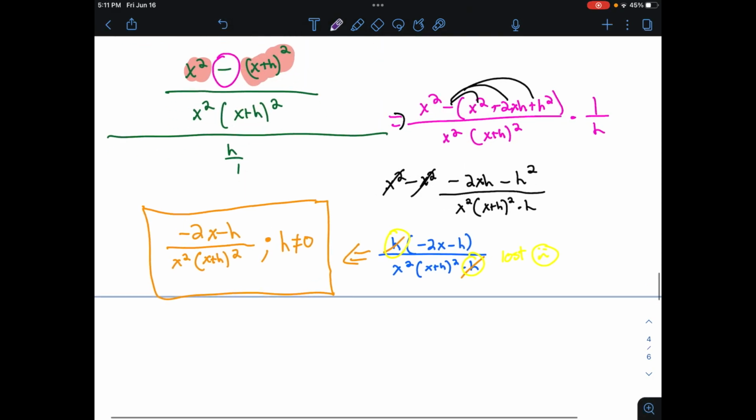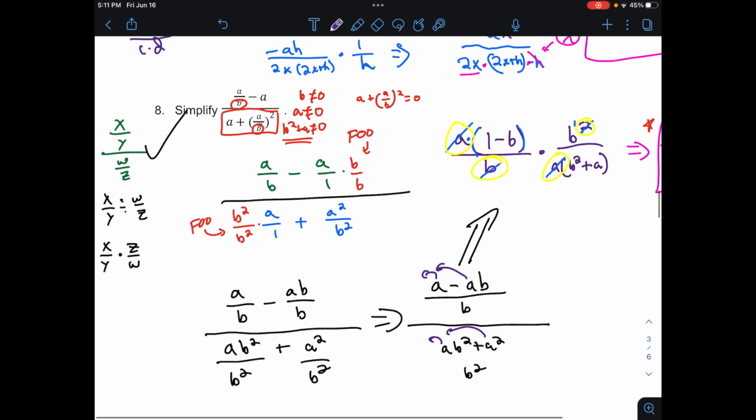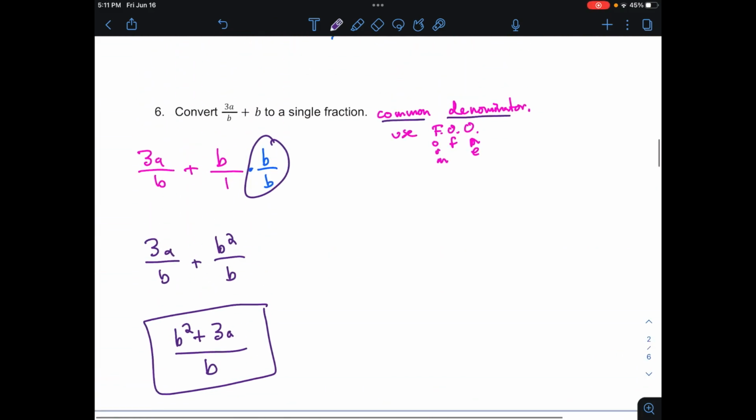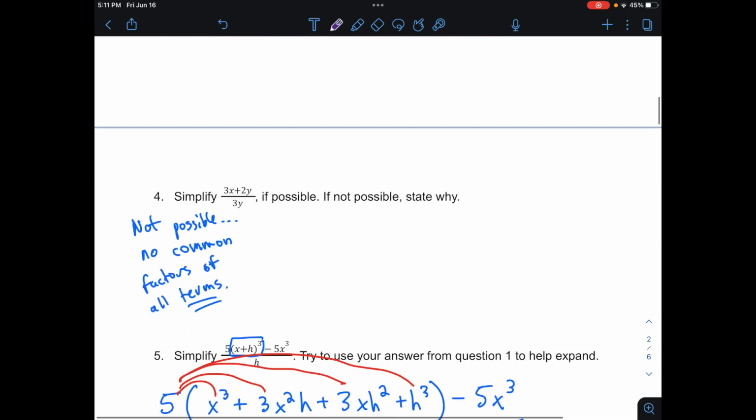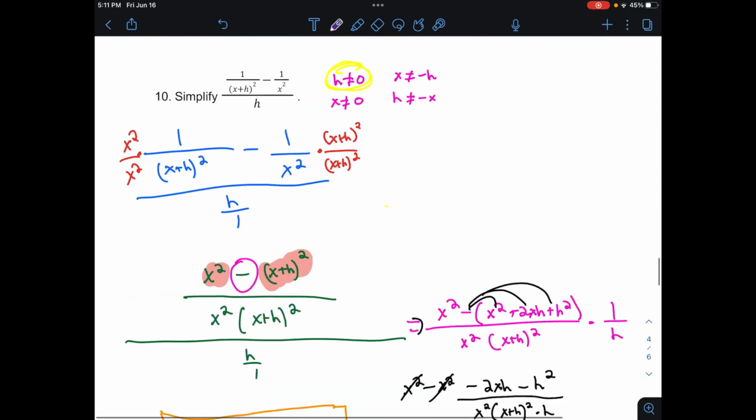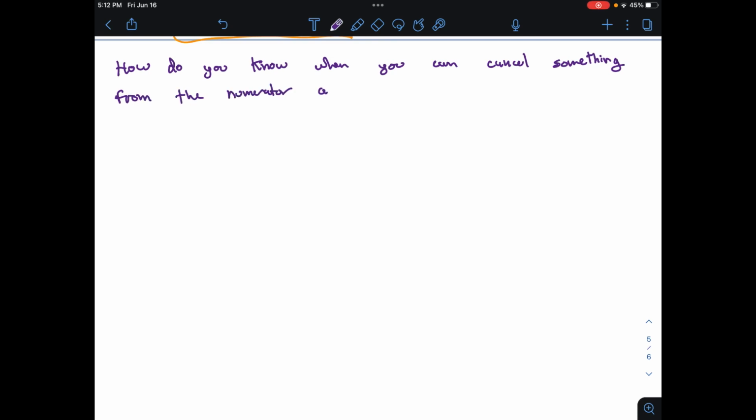So if you were to summarize this up and think about things, we did some work with fractions, some multiplication, expansion, distributing. That's all good. I think some good things to think about if you want some key comprehension questions. How do you know when you can cancel something from the numerator and the denominator?